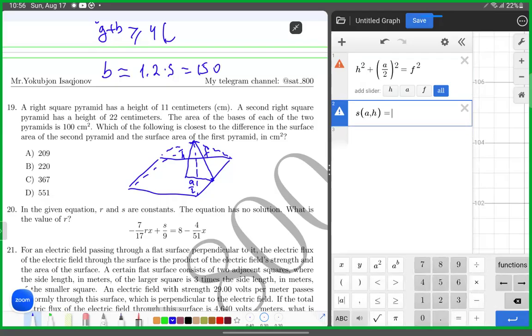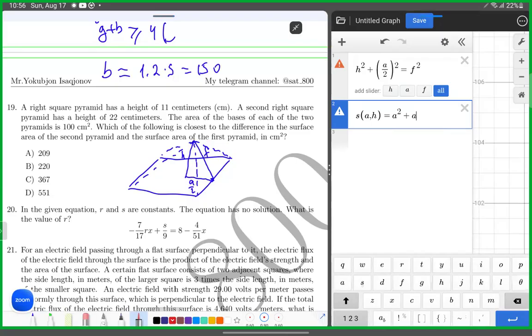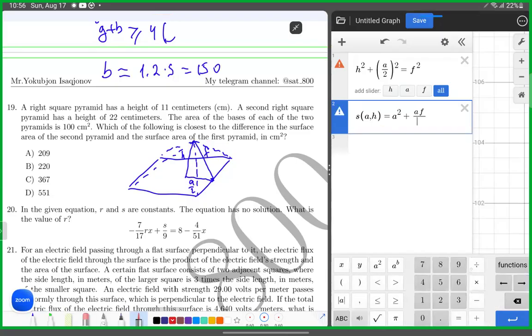It can be calculated as the area of the base, A squared, plus, now we need this part, base times F divided by 2. AF divided by 2 gives you the area of this triangle, but we have 4 of them, so I will multiply by 4. Here I will call this one F.